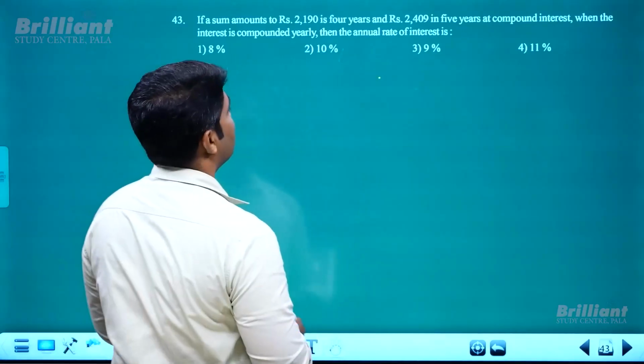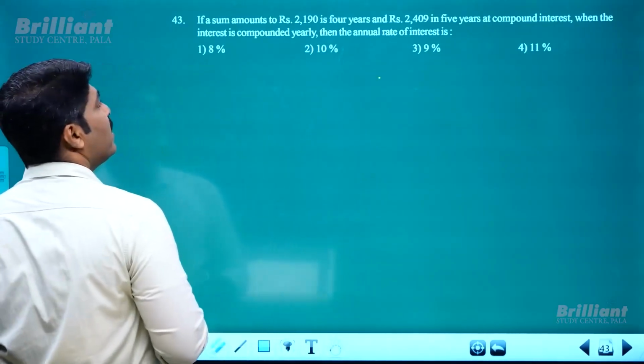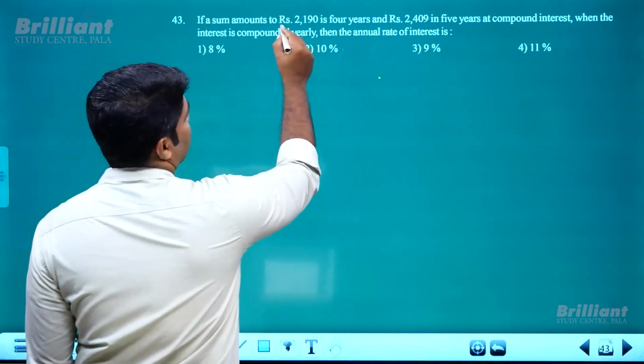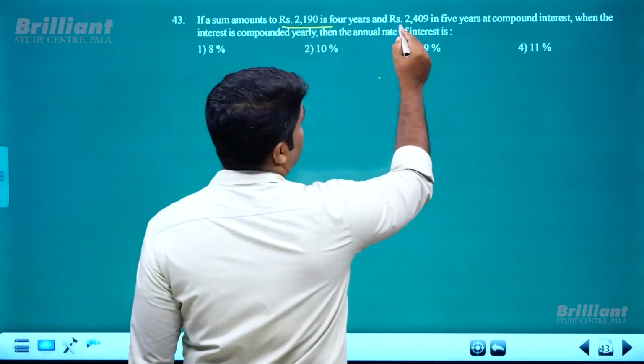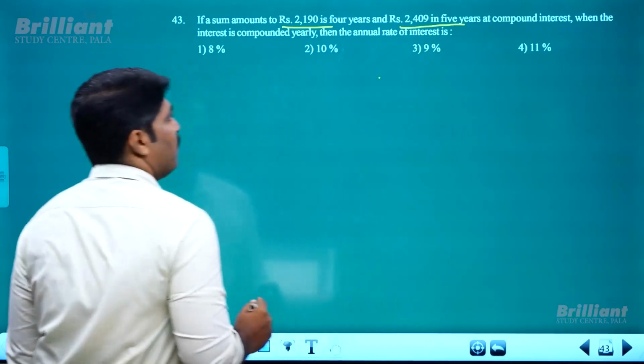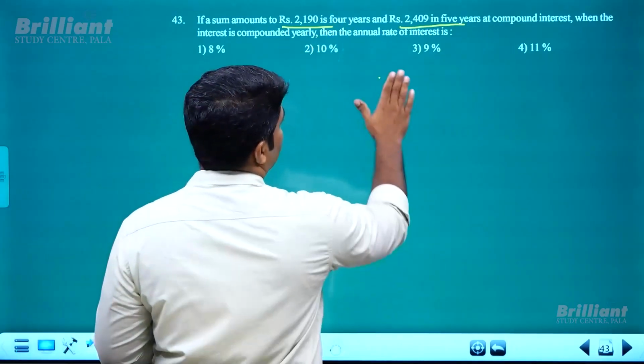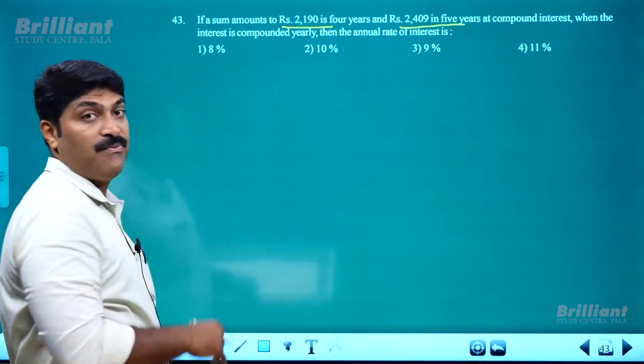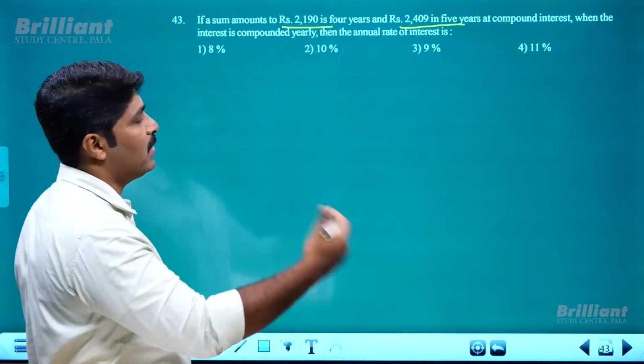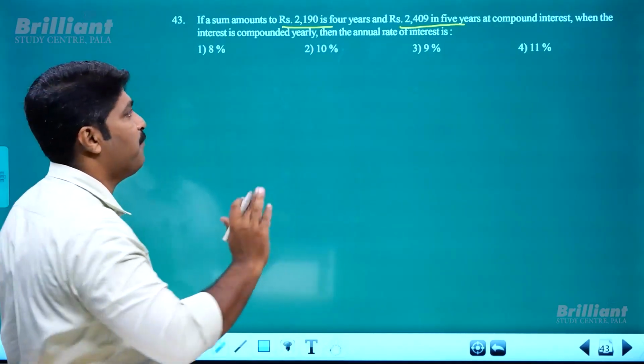First, I am considering the amount 2409 in 5 years, which is the larger number of years and the largest amount. I am taking that value first.